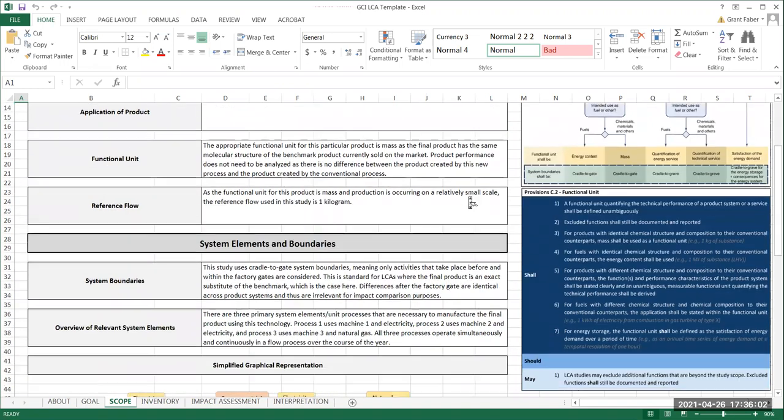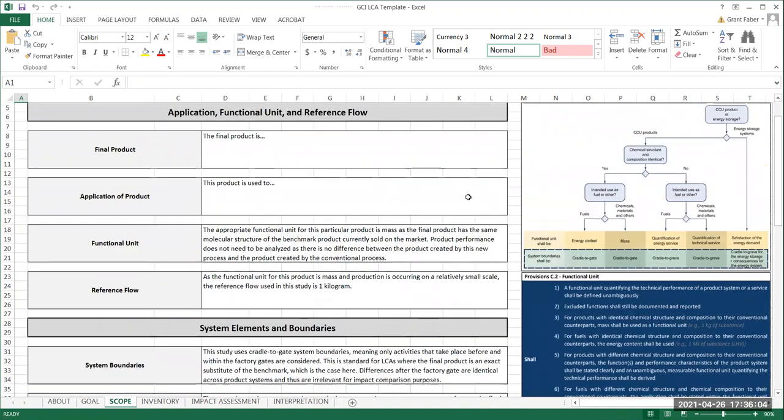Because of that, you can see we have a few snapshots here from the guidelines that should hopefully be helpful in terms of determining a functional unit, which is one of the key aspects of performing an LCA. It's essentially a quantified description of the application of the final product, or the basis on which one is allocating impacts.